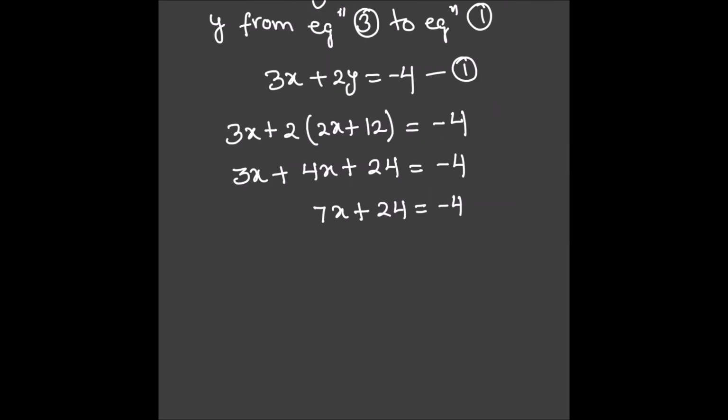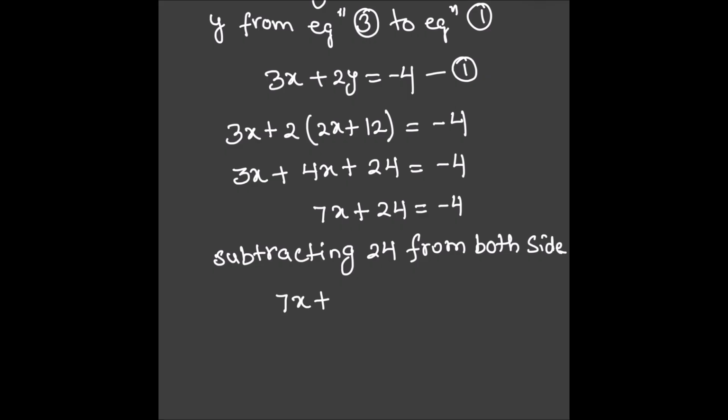So we need to get rid of 24 from here. So we'll subtract 24 from both sides. So this will be 7x plus 24 minus 24 equals minus 4 minus 24.